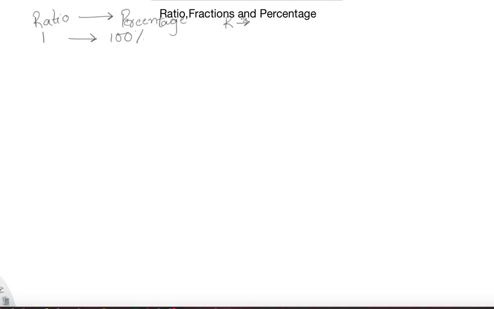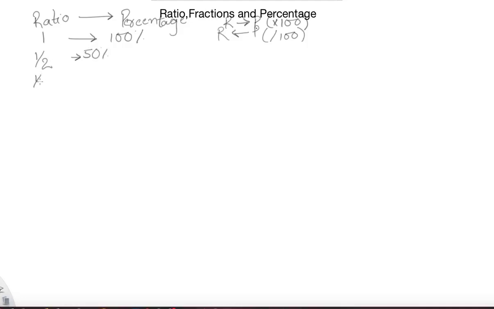Ratio to percentage is converted just by multiplication by 100. If you multiply any ratio by 100, you'll get the percentage, and if a percentage is given and you need to go back to the ratio, you need to divide it by 100. Very simple. So 1 equals 100%. 1 by 2 equals 50%.